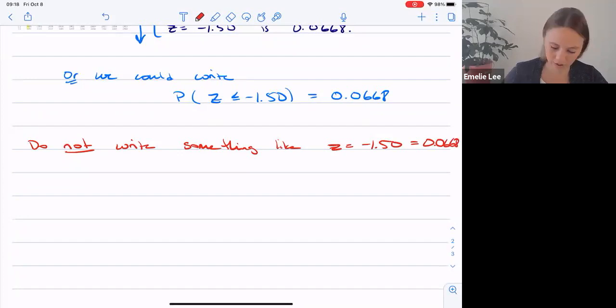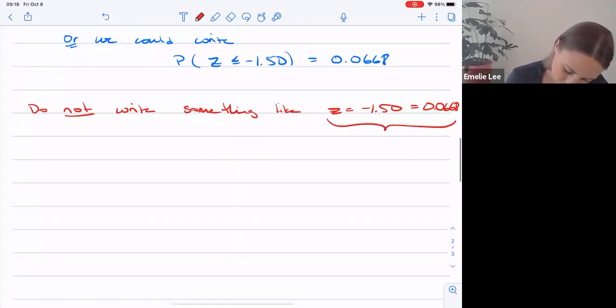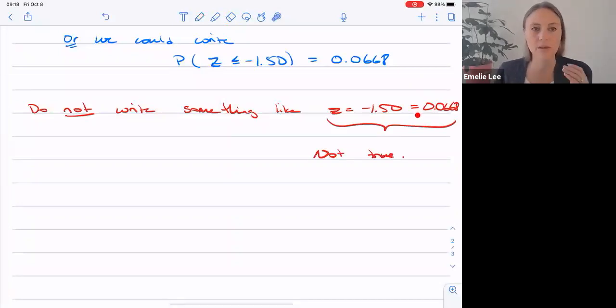That's not true. So you want to really put the stops on and say, okay, is what I'm saying true? In this case, I understand what you're doing. I understand that you went to the Z table and you saw negative 1.5 and then you found the area, but that's not what you want to be saying.